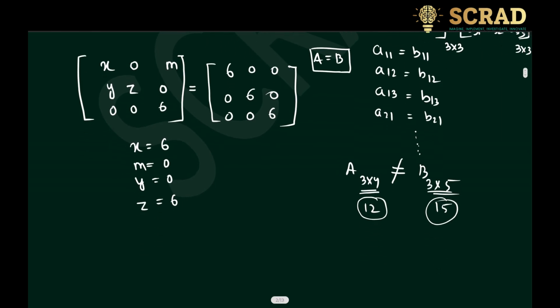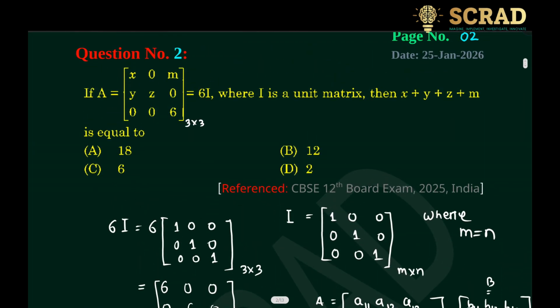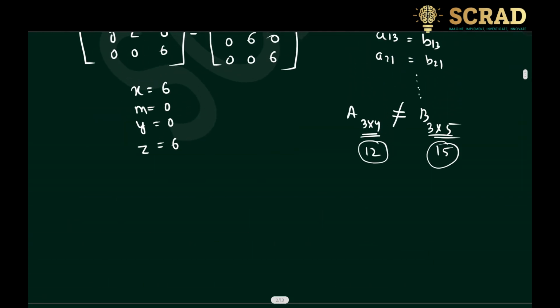These are all 4 variables. We have to find them by comparing both the matrices. And what is the question? The question is, find the value of x plus y plus z plus m. So simply we have to add it, x plus m plus y plus z.